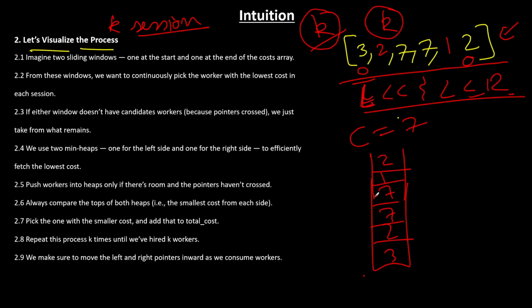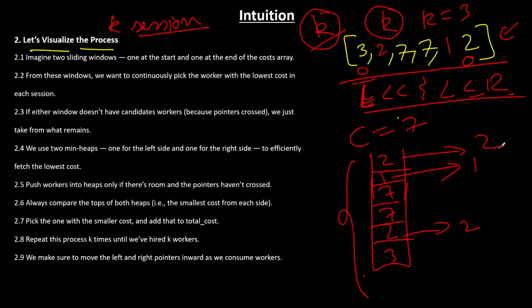I have not restructured it yet. After restructuring, we will get 1 first, if k value is, suppose, 3. Then we will consider 2, then again we will consider 2, right? This way we will get all the values, and we will increment the session. So I hope you understood this visualization process. It will be much clearer to you when we go to the next slide.